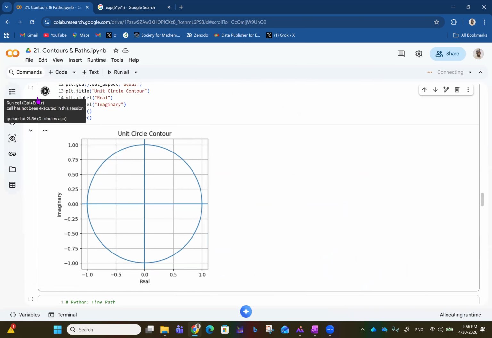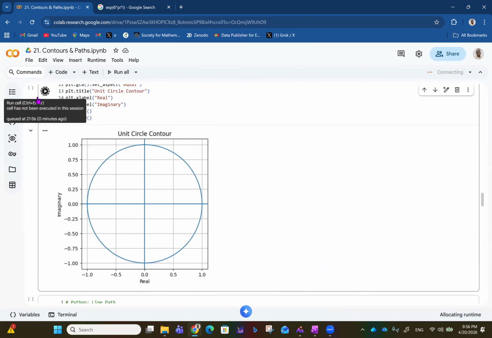For step 1, we parameterize. Step 1 is parameterization, which we have seen to be a key thing, a very important thing here. So we take z to be gamma of t, which is e raised to the power it.